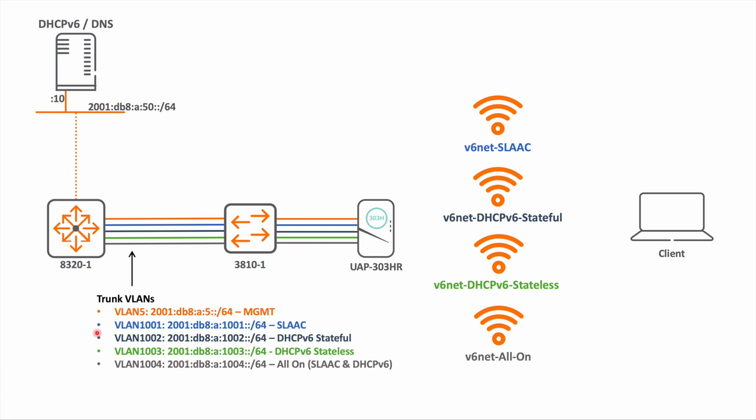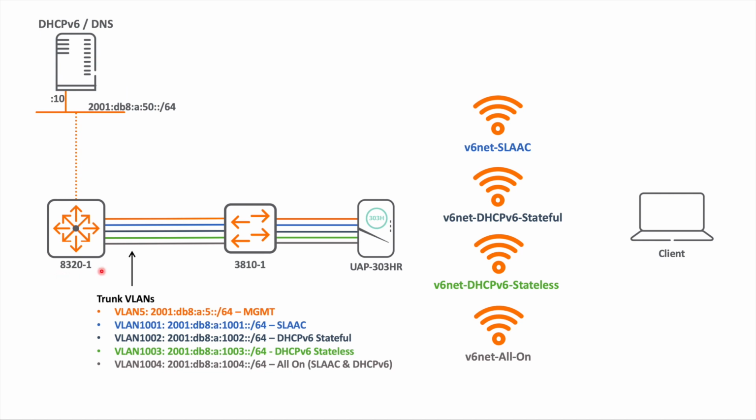Now here's the network that I've set up. The main device under test is going to be the 8320 that I've got here, and I'm running Aruba AOS-CX 10.350, which was the latest when I was recording this. Up here I have a server LAN which is running my DHCPv6 server function and DNS, that's Windows Server 2019.